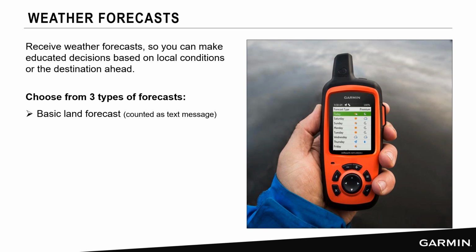It will tell you wind speeds and lots of very useful information for land navigation. And then premium gives you the same information just over a longer period of time. So a 7-day forecast, I believe it is, for premium.